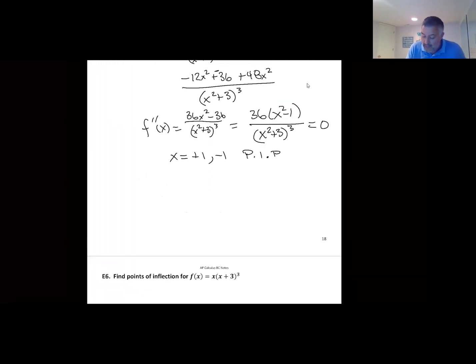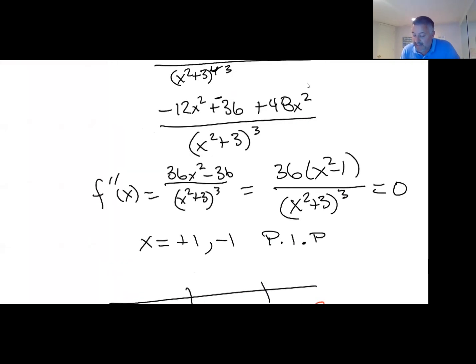All right, now let's look at concavity here. We're going to look at -1, +1, -2, 0, and +2. When I plug in -2 on the top, I will get a positive number.